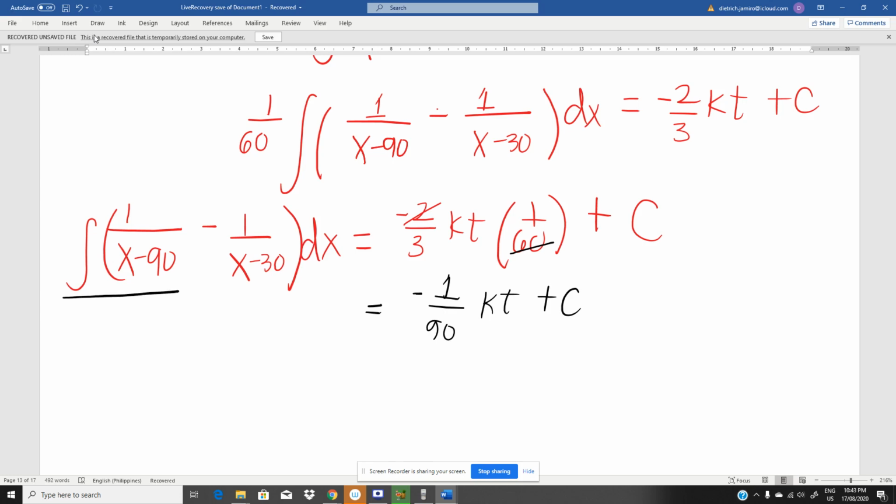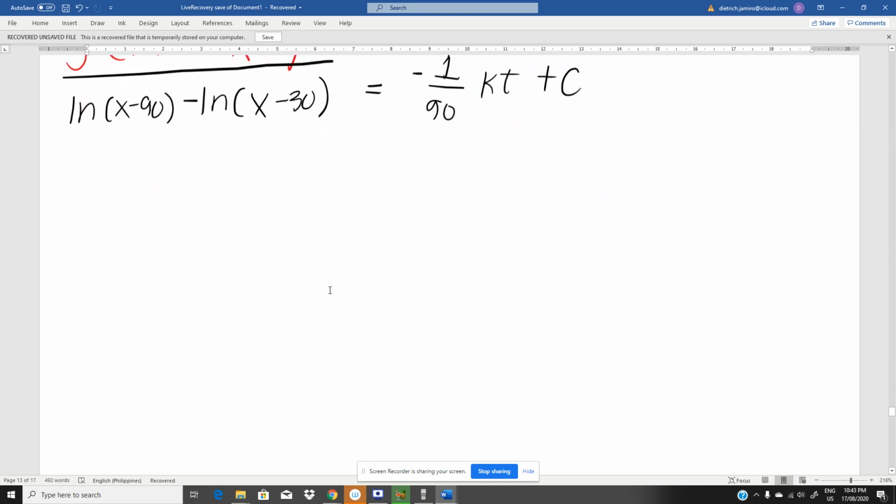So integrating this part of the equation, we will have ln of x minus 90 minus ln of x minus 30 is equal to negative 1 over 90 kt plus c.